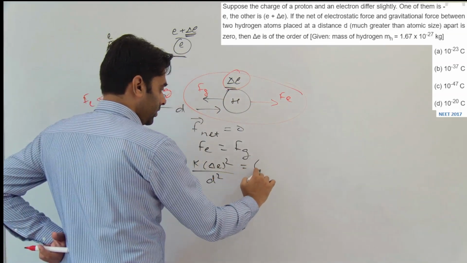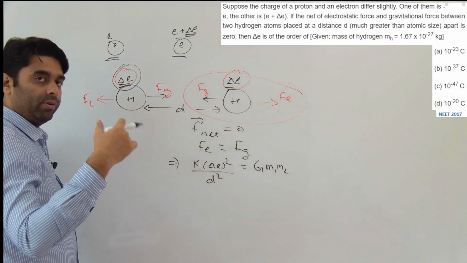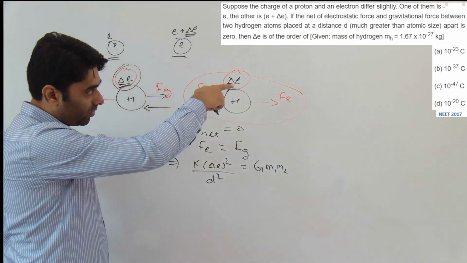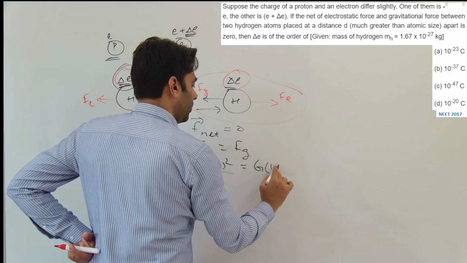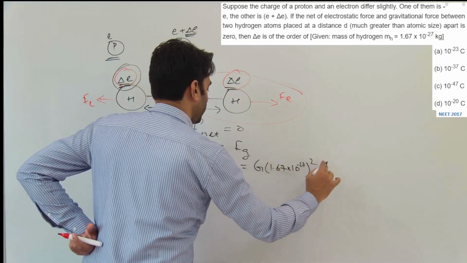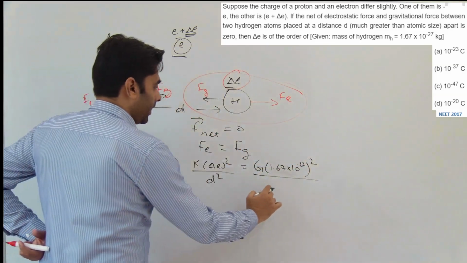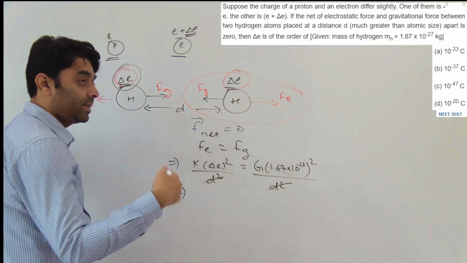G M1 M2. Now for hydrogen atom, in the question they have given 1.67 into 10 power minus 27. So we'll take that 1.67 into 10 power minus 27 square, G M1 M2. So G m square by again d square, cancels out, fine.